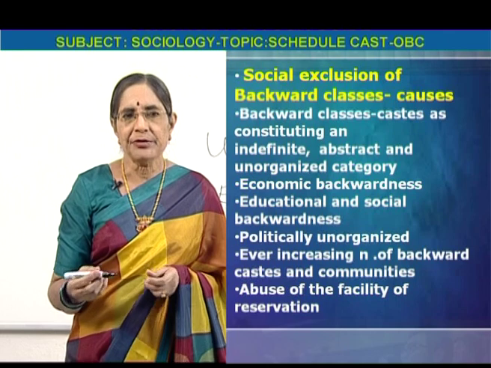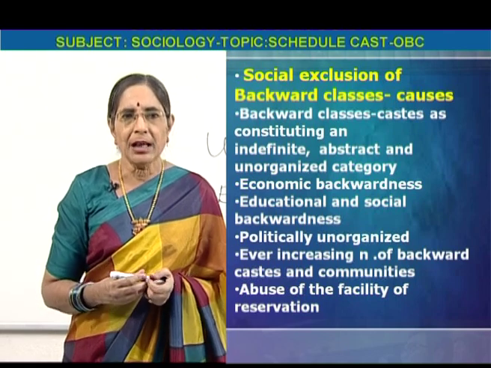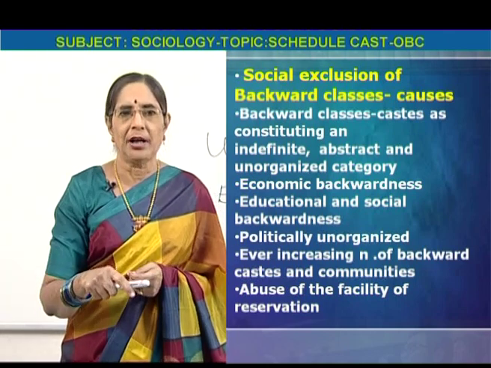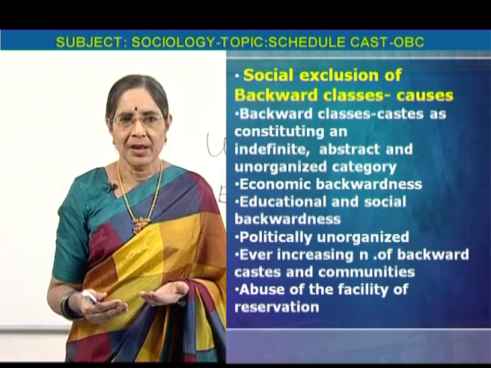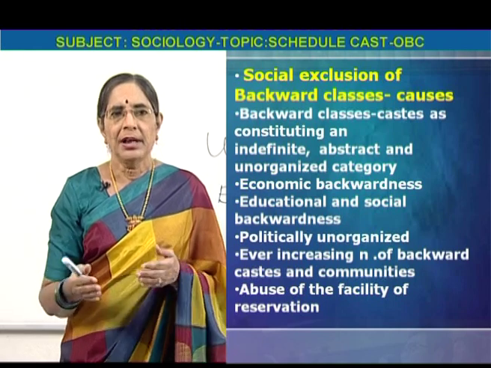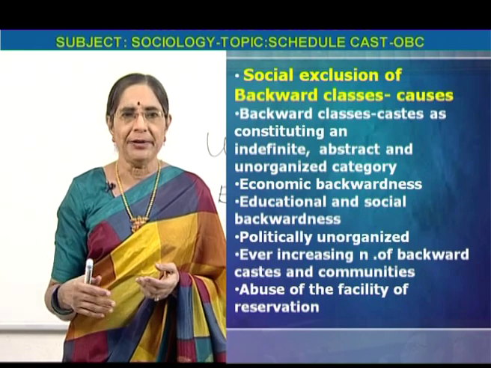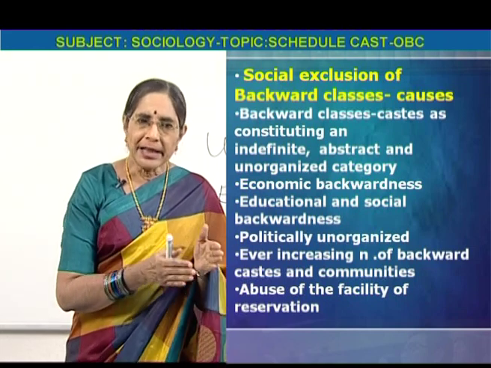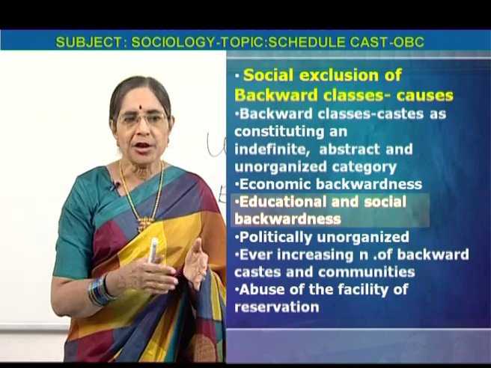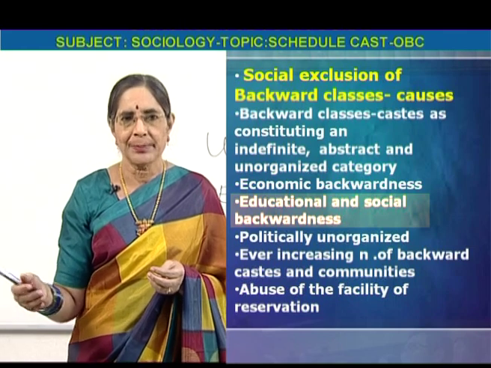Another aspect is, because of their economic position and because of their cultural norms, their educational levels also are very low, and socially also, in the hierarchy of stratification prevalent in our society, they are looked down upon. So, another cause is educational and social backwardness.